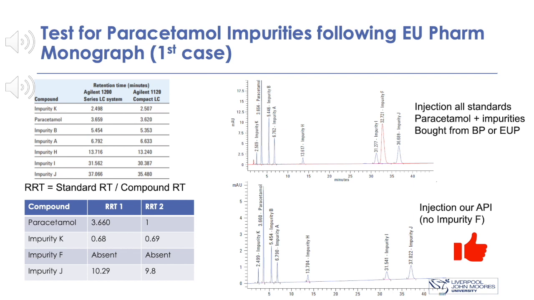The retention times of different HPLCs are not exactly the same. The different machines have different performances, different lengths of tubing, and so on, but still they should be quite comparable.